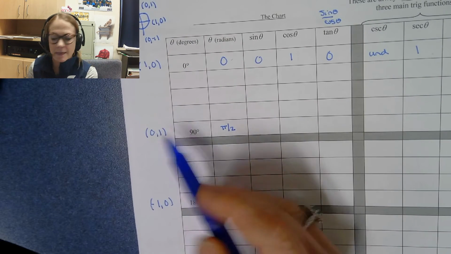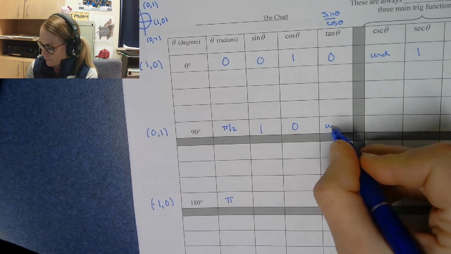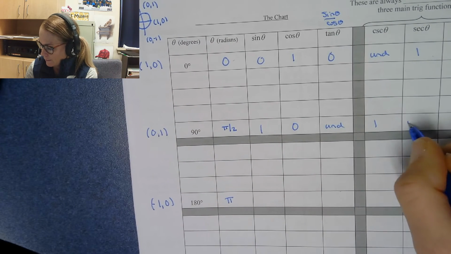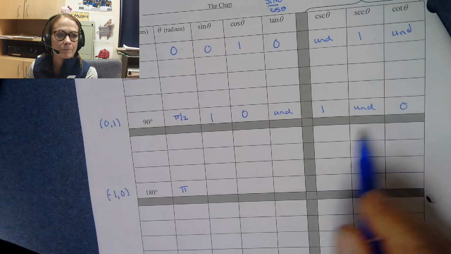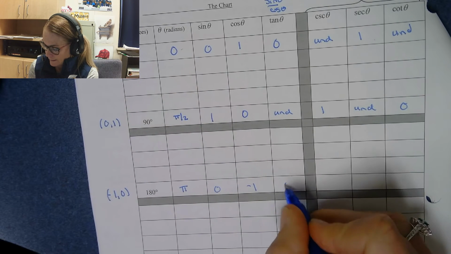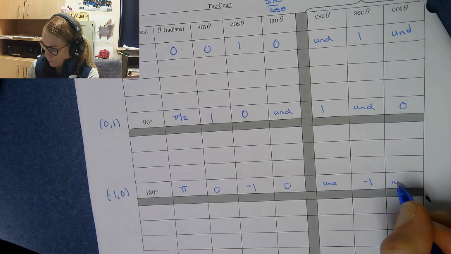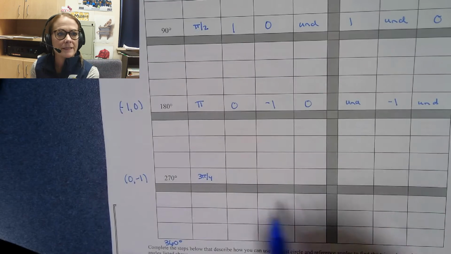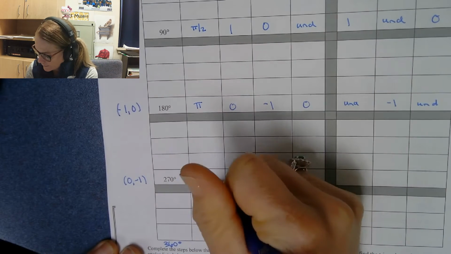Sine now is 1, cosine is 0, and 1 over 0 is undefined. Then reciprocate, and when we reciprocate 0, we get undefined.